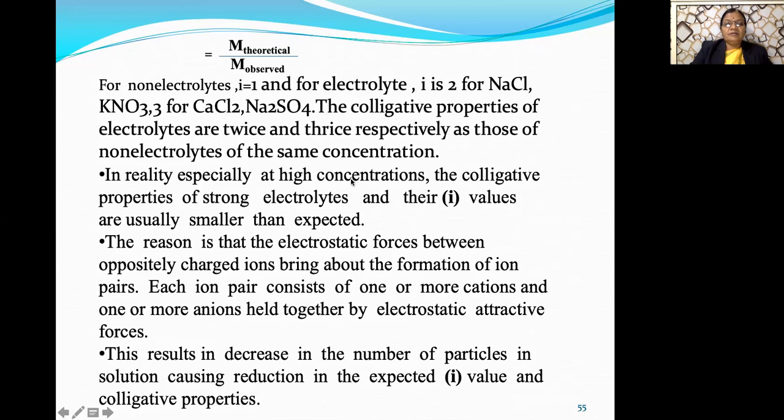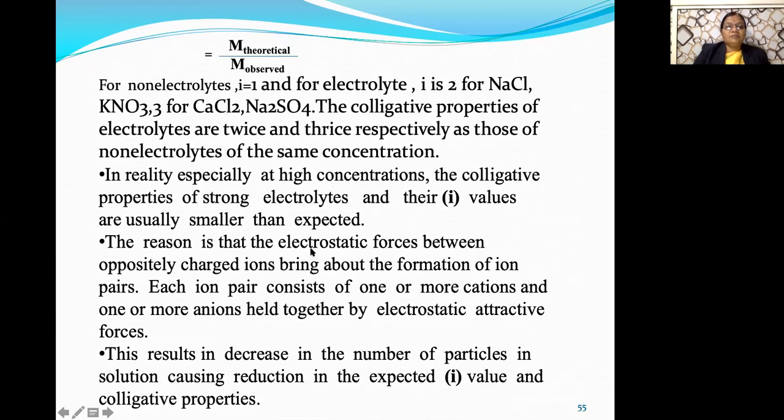So here, at very high concentration, what is the observation? For strong electrolytes, the colligative property and their Van 't Hoff factor i values are generally smaller than the expected value. And why are they smaller? See here, at very high concentration, what happens?